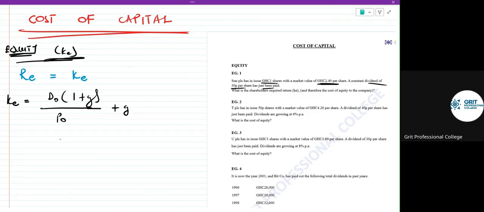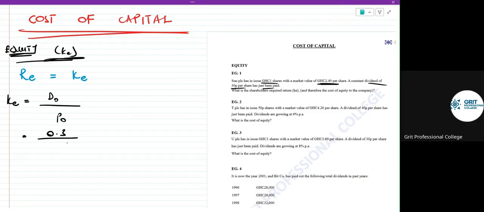And this one, there was no growth rate, right? There was no growth rate too. I've chosen the wrong formula, pardon me. So this will basically be how we get the cost of equity. It will be the dividend per share, which is 0.3. Remember, choosing the right formula is also very important.